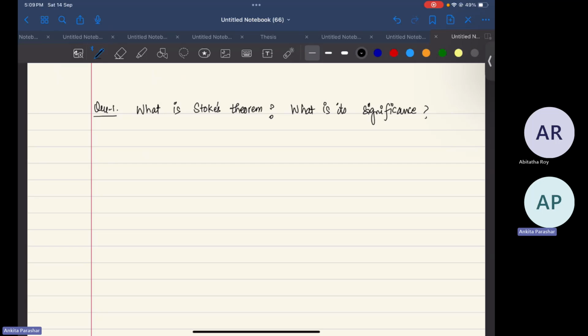And do you remember how we related it in Green's theorem? You can look at the notes also. With Green's theorem, I had related it with ODEs.